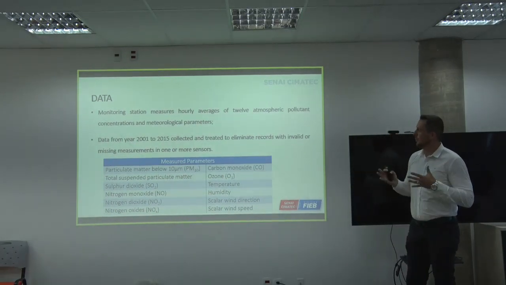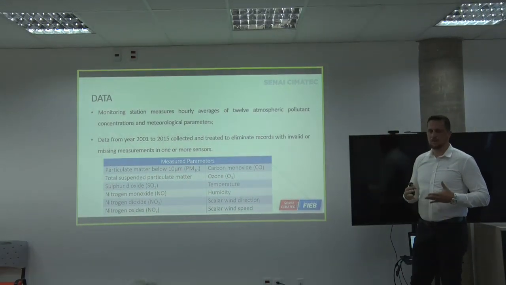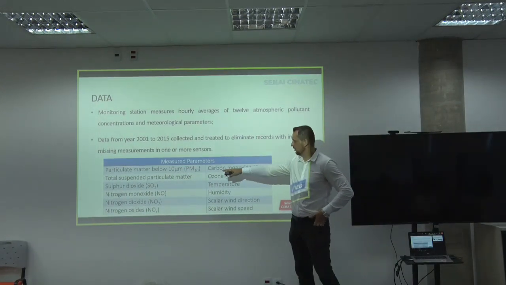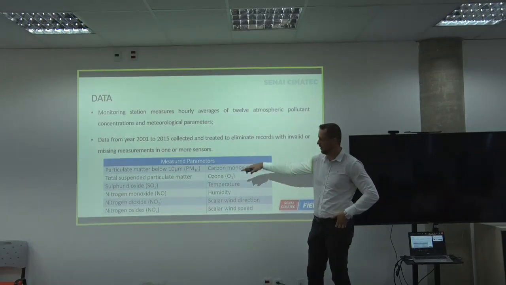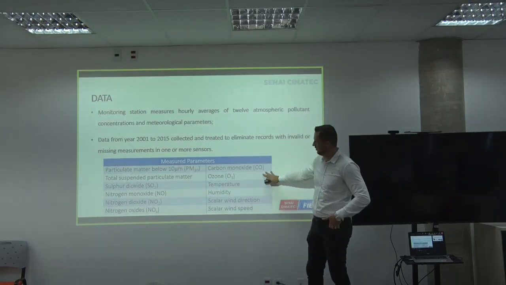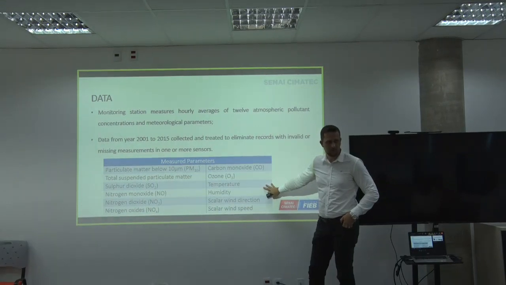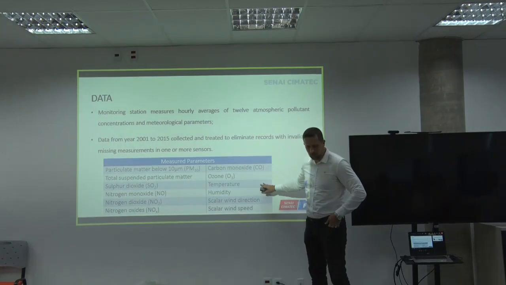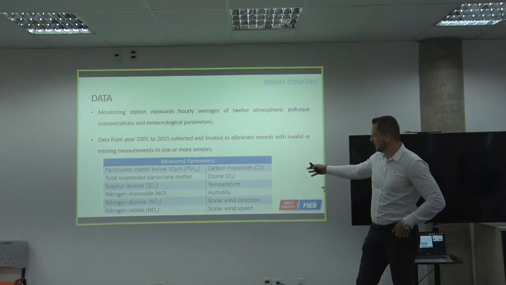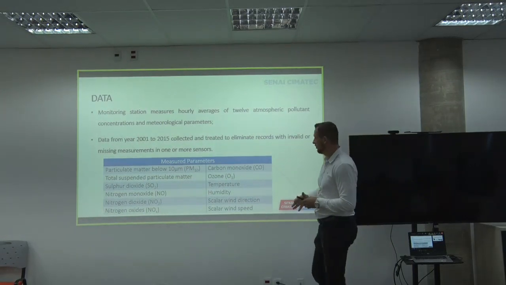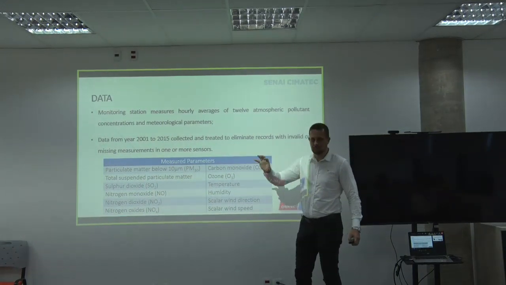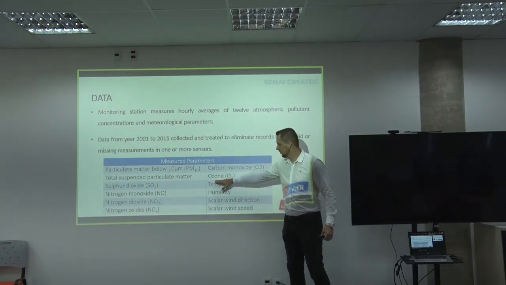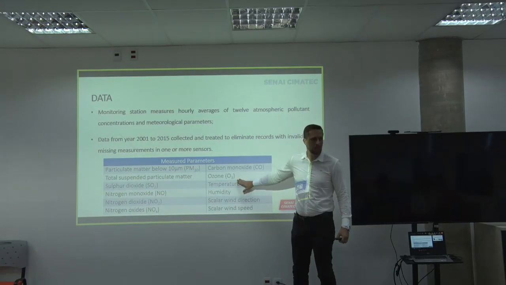So we have used hourly averages of those kinds of parameters: particulate matter below 10 micrograms, total suspended particulate matter, and so on, the air quality parameters, and also the meteorological parameters to fit the model. Well, I must explain why such an amount of data. Many works just use the same time series for time series forecasting. For example, I could just use the ozone concentration here to develop my model.